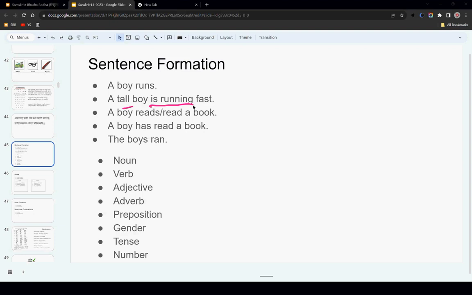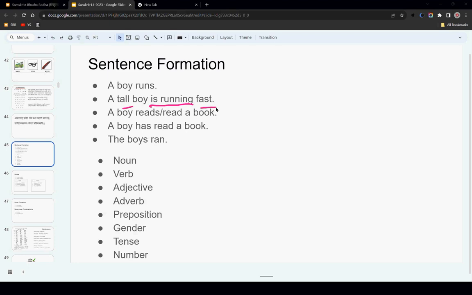So tall is Vishesham. Then fast. Now what is fast? What is it describing? It is describing the action. A tall boy is running fast, running quickly, running slowly. So all these, slowly, fast, quickly, are describing how the Kriya is taking place, or describing the characteristic of the action.